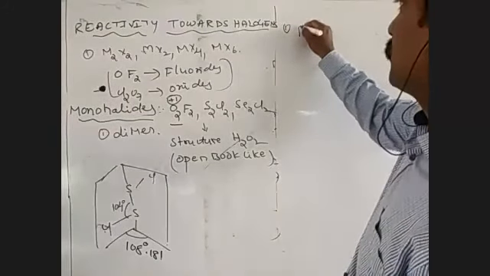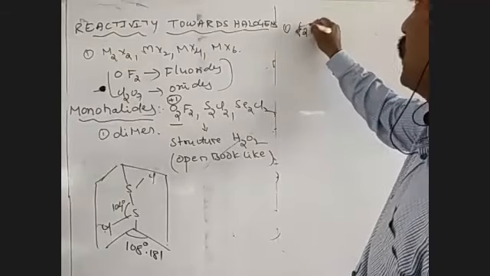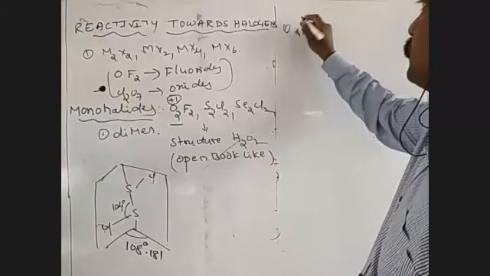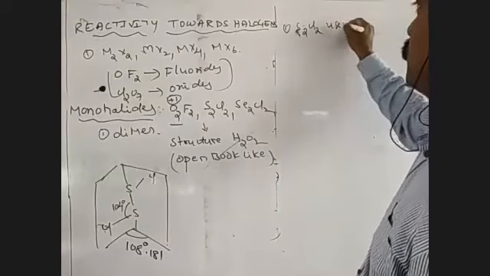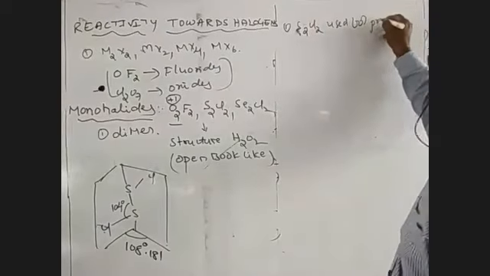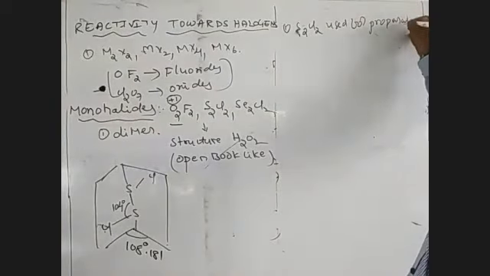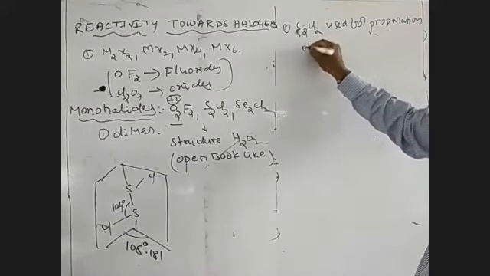S2Cl2, sulfur monochloride, is used for preparation of mustard gas.